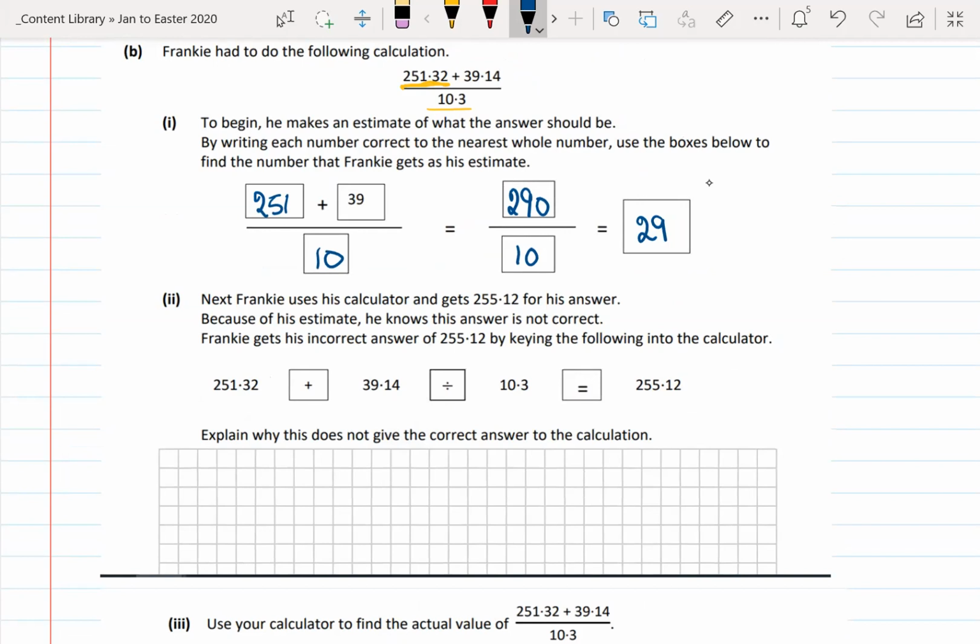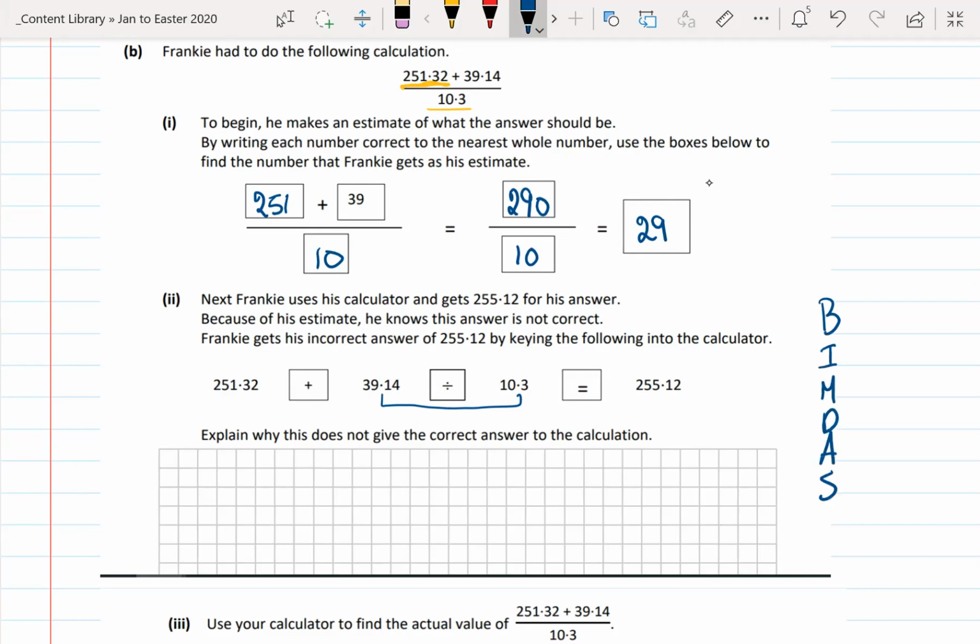So he added the top line. I think he needed to put in brackets here, because what the calculator would do in this case is do this division bit first, because you do division first because of BODMAS or BEDMAS.